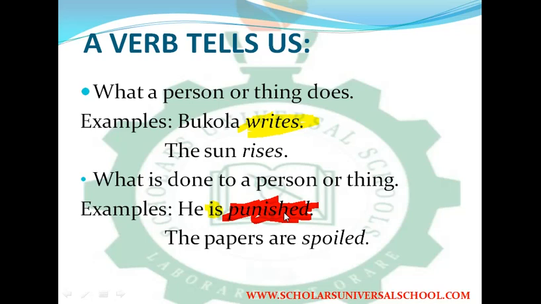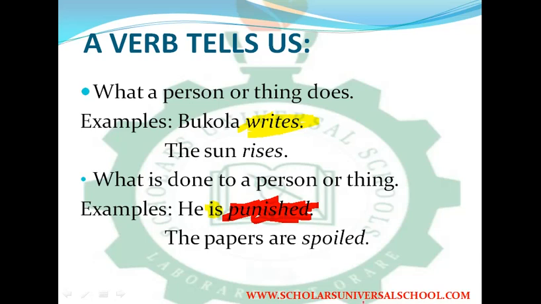So to have such an expression, we are going to have the combination of what? Of a present singular or present plural auxiliary verb plus what? Plus the past form of a main verb.